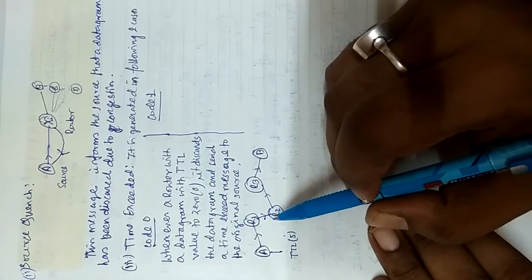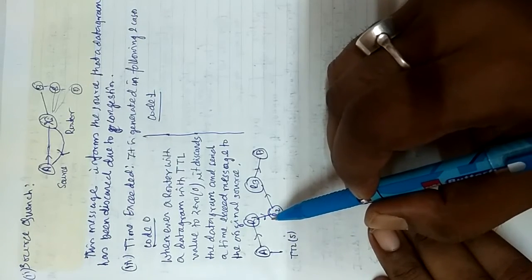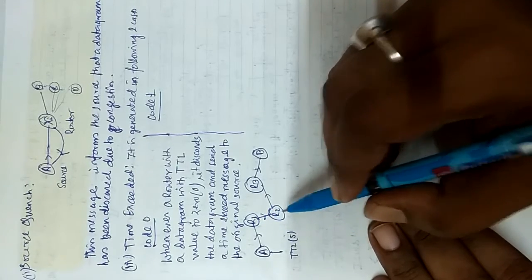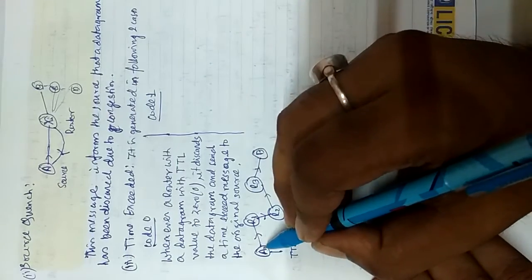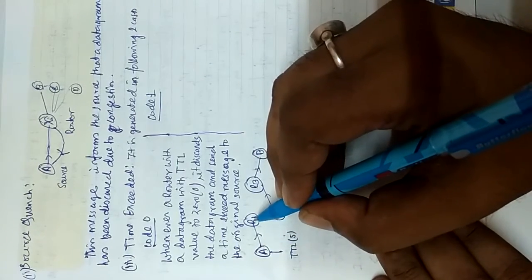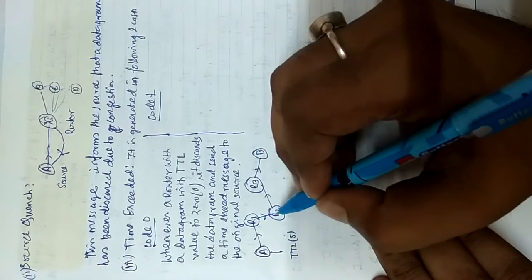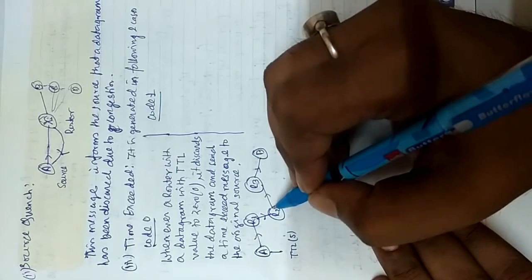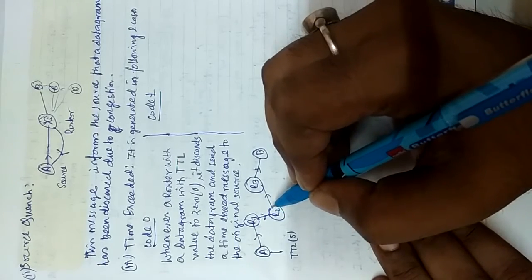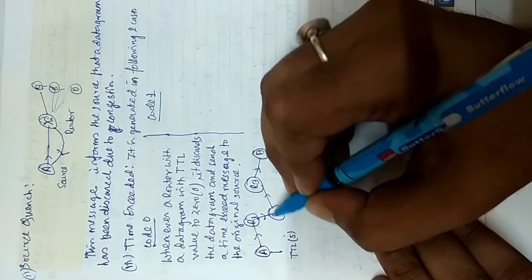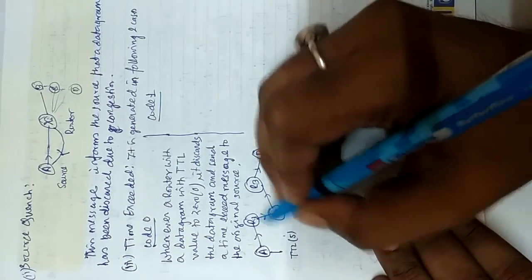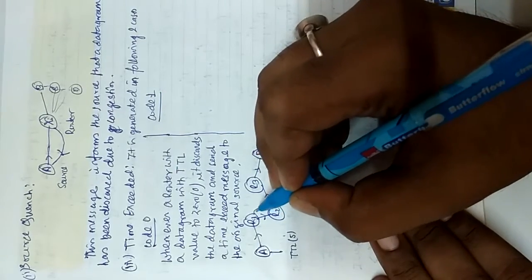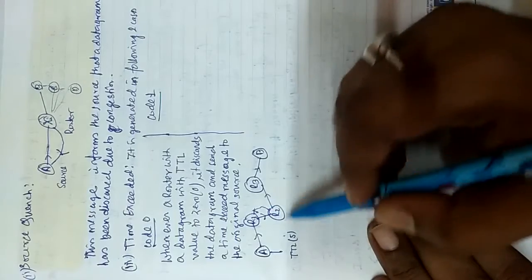Maybe there is an error over here. Suppose it goes from A to R1, so TTL is decremented by 1, and from R1 to R2 it is decremented by 1 again, but at R2 it faces some error, maybe a loop between R2 and R1.